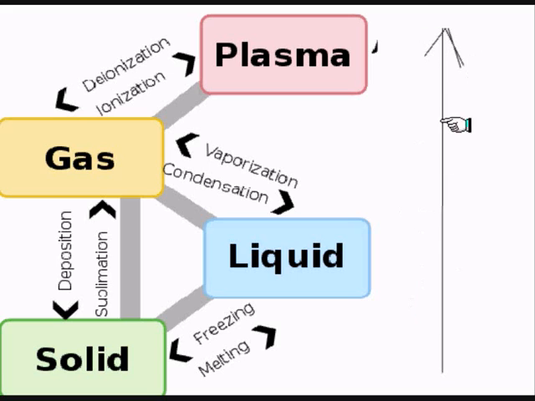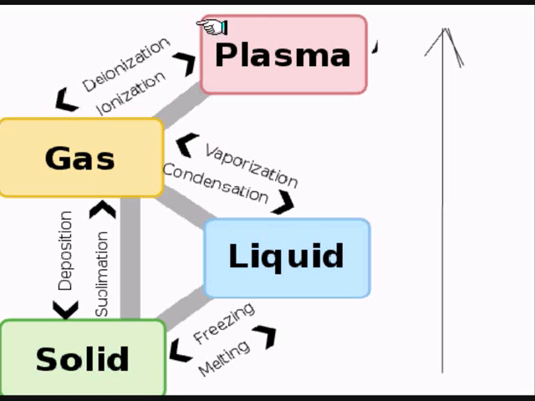So the higher the position of the state, the more heat energy is present inside it. The plasma state has the maximum heat energy stored in it. The changes of state are given by the arrows. On heating liquid, it vaporizes to become gas. On heating gas, it gets ionized and becomes plasma.